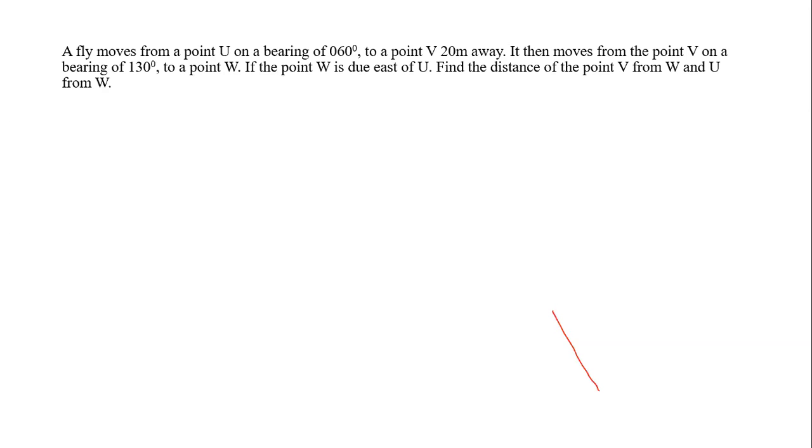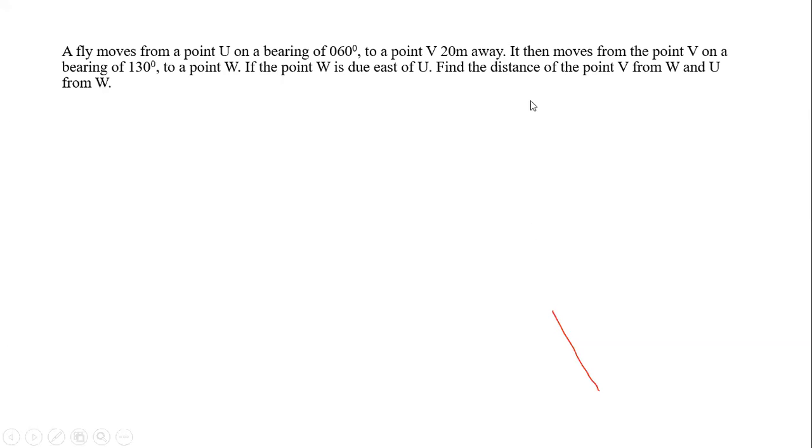It says a fly moves from a point U on a bearing of 060 degrees to a point V 200 meters away. It then moves from the point V on a bearing of 130 degrees to a point W. If the point W is due east of U, find the distance of the point V from W and U from W. So how do we do such?